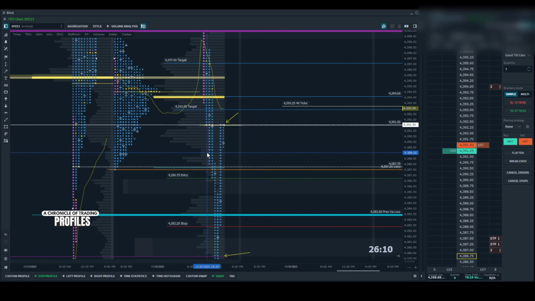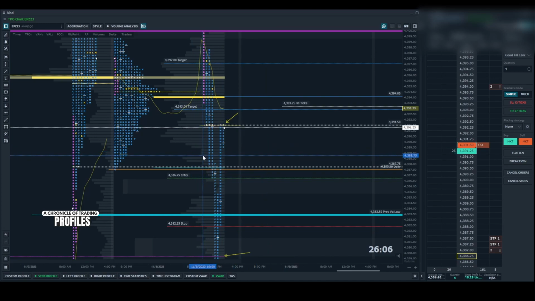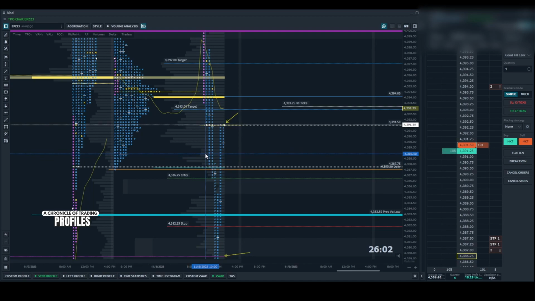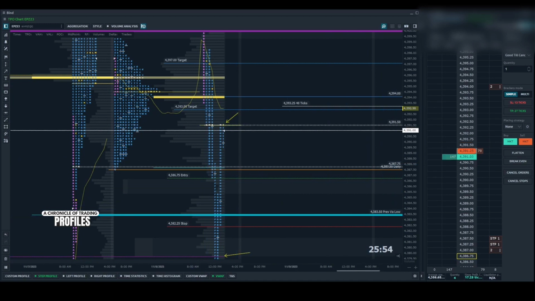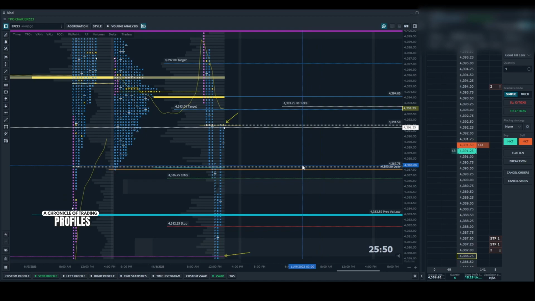I bring my stops up to around this level if we break this. You can see how hard it's trying to get through there.